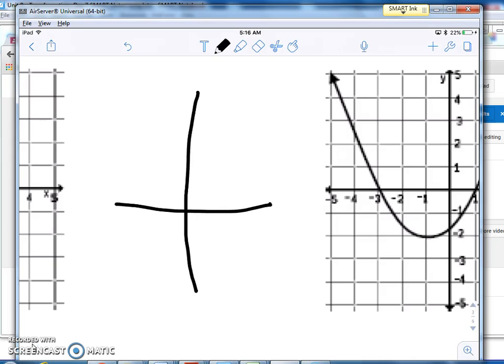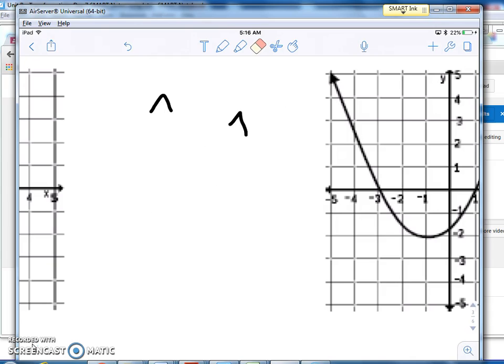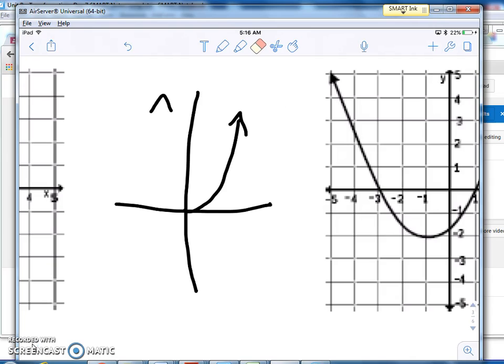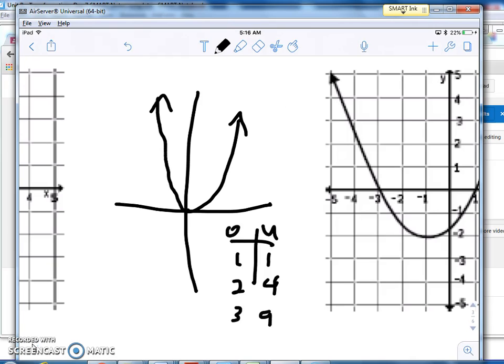Oh, terrible axes. So, should go something like this. Still not quite right. Better. So, and this is the 1, 1, 2, 4, 3, 9 pattern for our parent function.